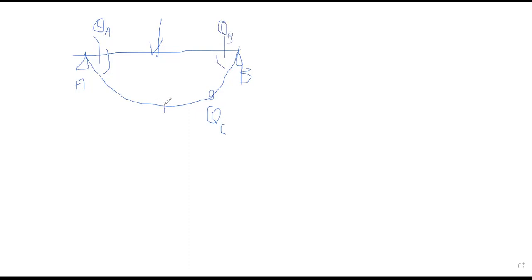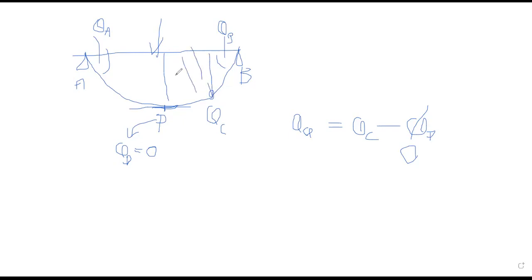But if you take the maximum deflection point, let's say D, we know for sure at the maximum deflection theta D is 0. So it's better to take theta CD. Then it becomes theta C minus theta D, and this is 0, right? So you need to consider the area between D and C, that's theta.